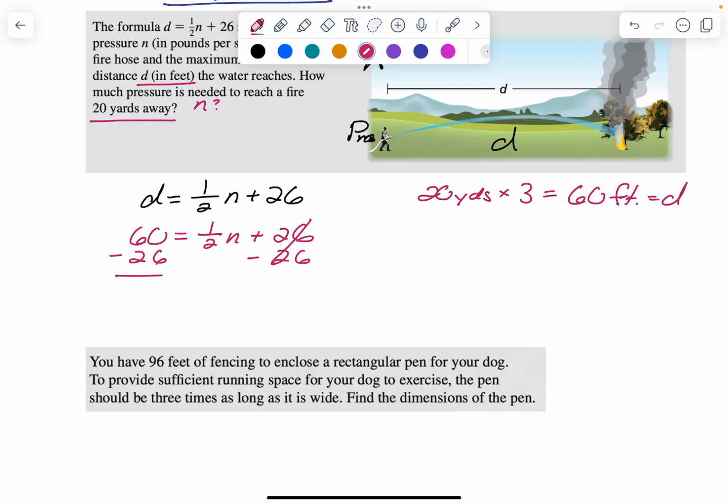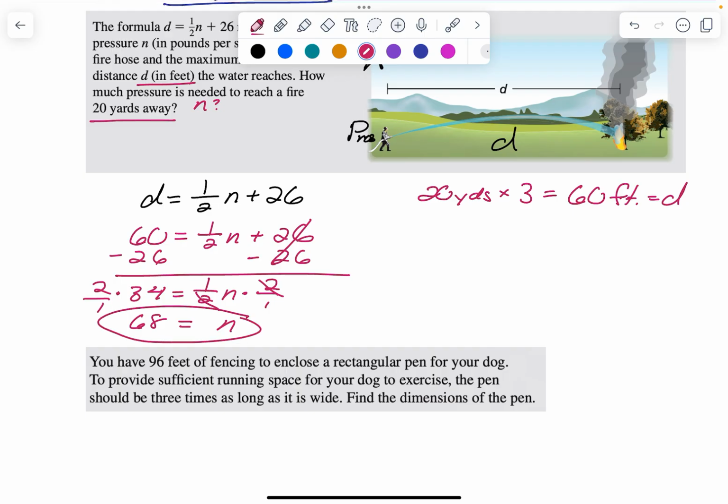We're going to start by subtracting 26 from both sides. This gives us 34 is equal to 1/2 n. And again, we're going to multiply by the reciprocal, so we multiply both sides by 2 over 1. These cancel out, leaving N by itself. 2 times 34 is 68.